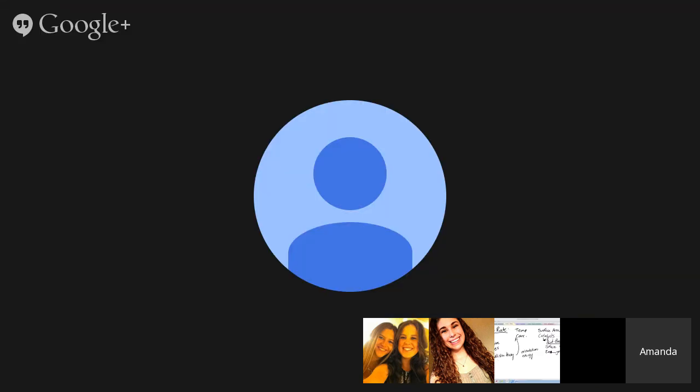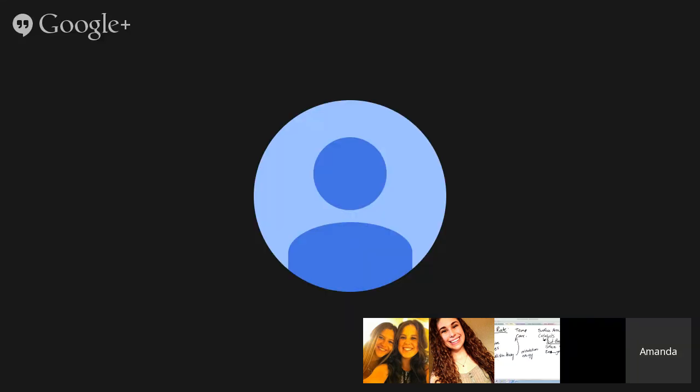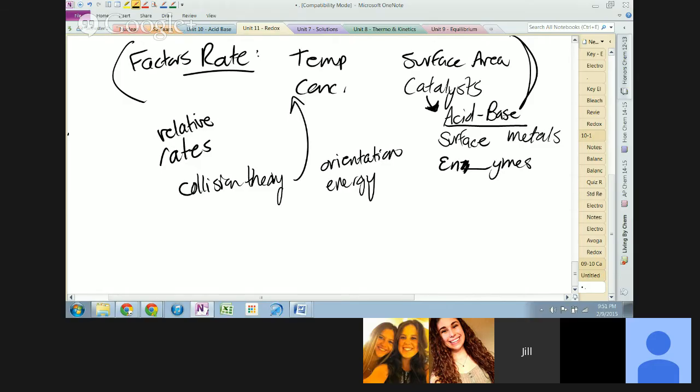False things about the factors that affect the rate, like a reaction will always occur if the particles collide with the right orientation. That's false because they have to have the right speed too. Correct. If they just gently touch each other at the correct orientation, no reaction will occur. They have to have both orientation and energy.